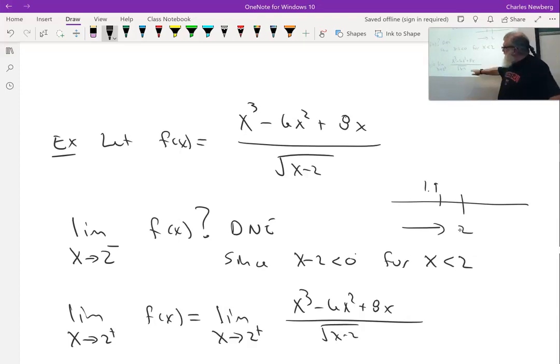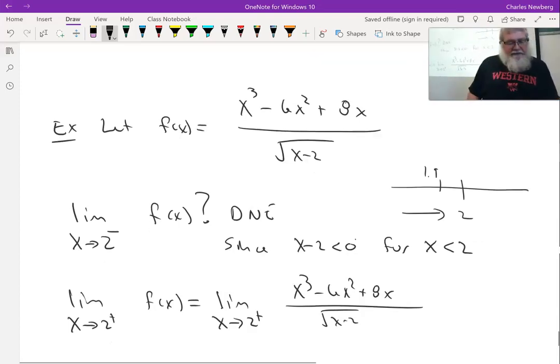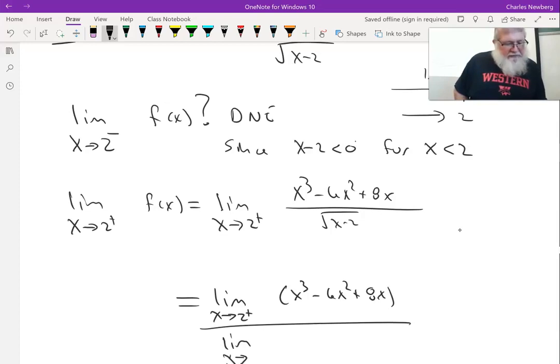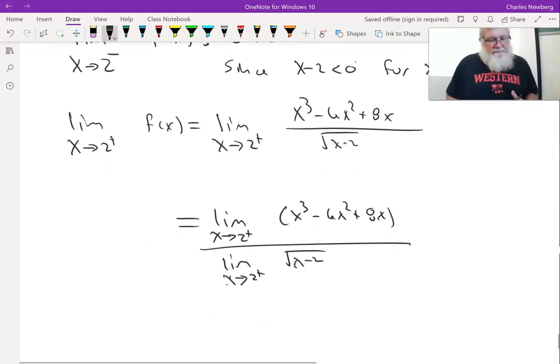What do we got going on there? A quotient. So this is going to be the limit as x approaches 2 from the positive side of the numerator over the limit as x approaches 2 from the positive side of the square root of x minus 2.